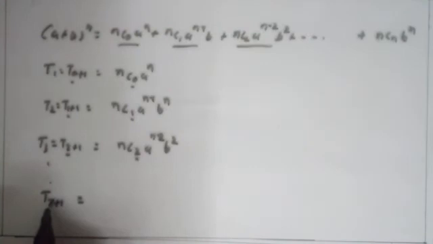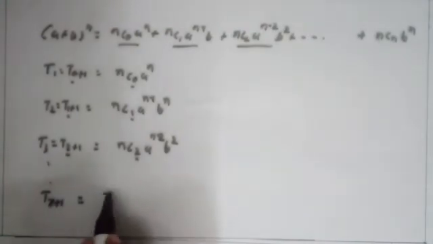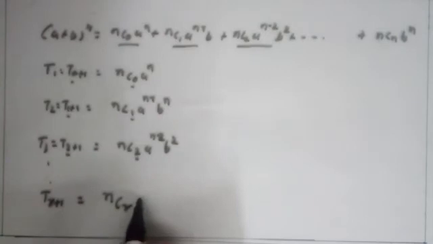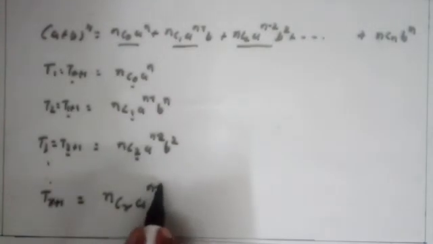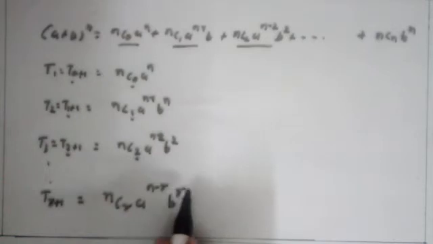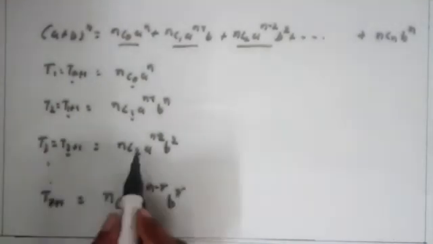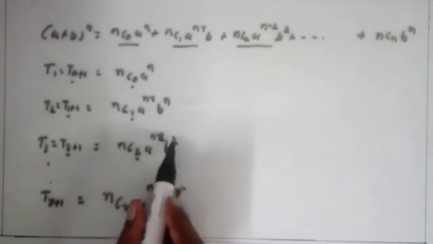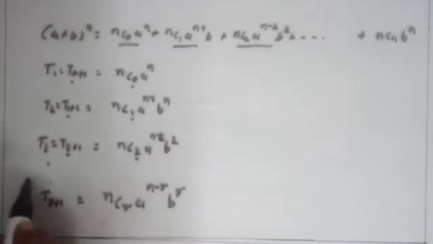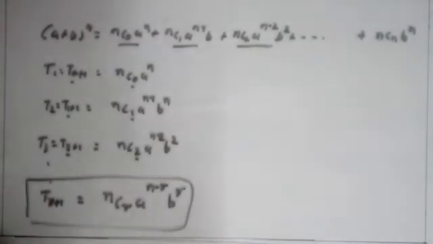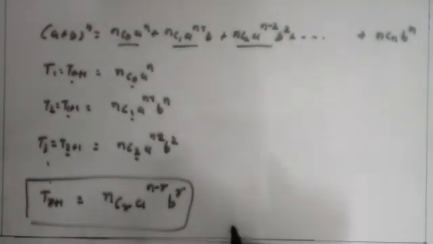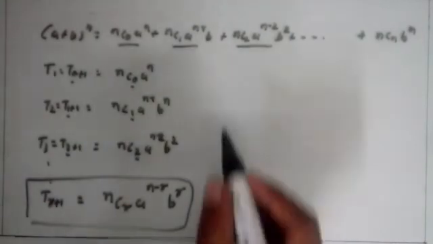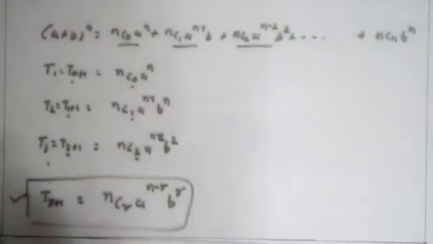So the t(r+1) term is equal to, remember this, nCr a^(n-r) b^r. Clear? If r is equal to 2, then nC2 a^(n-2) b^2. Clear? So this becomes the general term in the binomial expansion of (a + b)^n. Okay, so remember this important formula of the (r+1)th term.